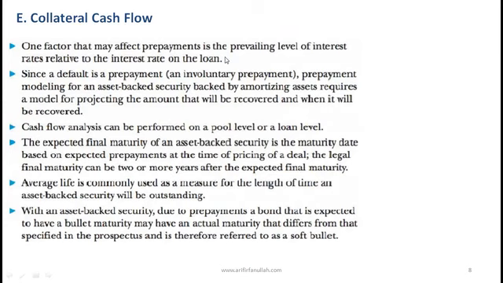Okay, so in general, as we study the different kinds of asset-backed securities, we need to understand the collateral cash flow. So here are some basic points that we'll first understand. One factor that may affect prepayments is the prevailing level of interest rates relative to the interest rate on the loan. So what is our default or our base case?